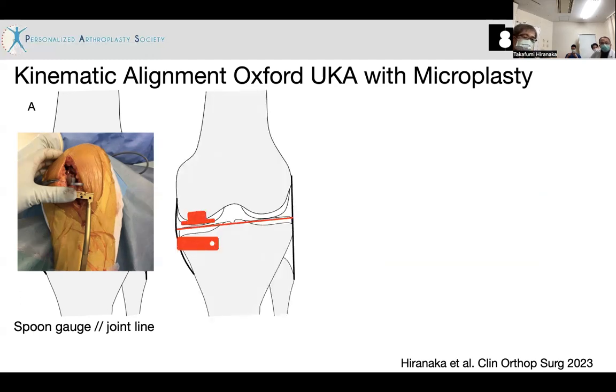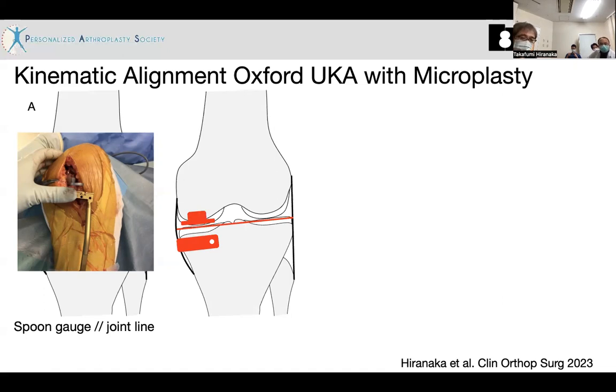Like this. Originally, this cutting block is set perpendicular to the tibial axis. Okay. So then incline the cutting block so that the spoon gauge and the cutting block come parallel to each other.